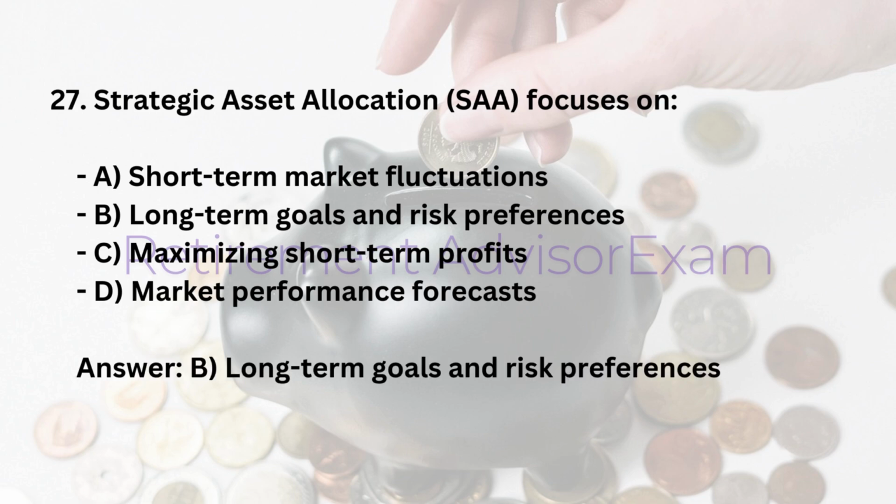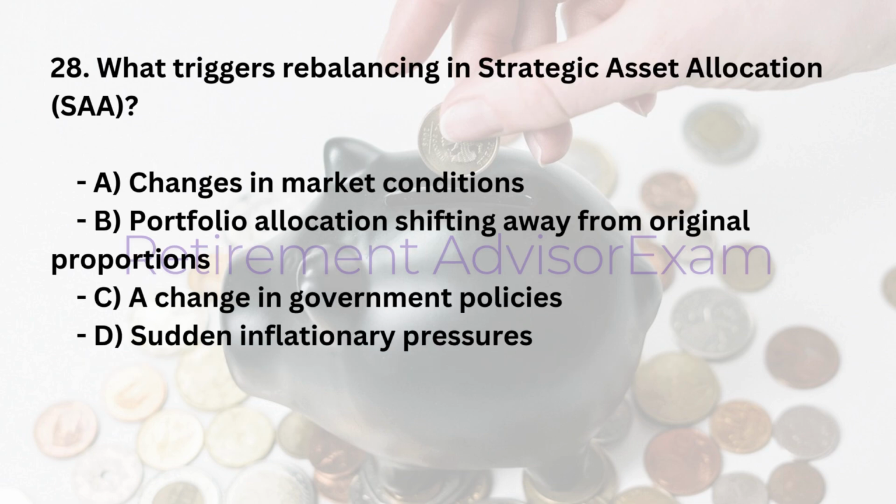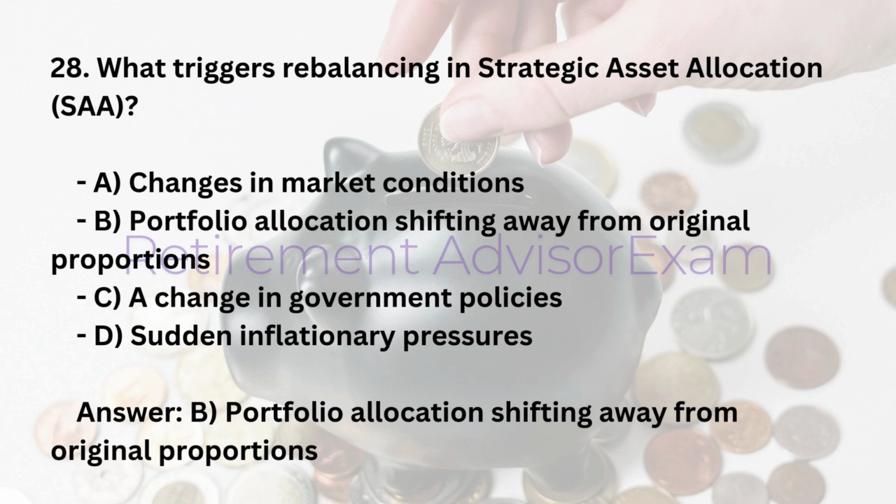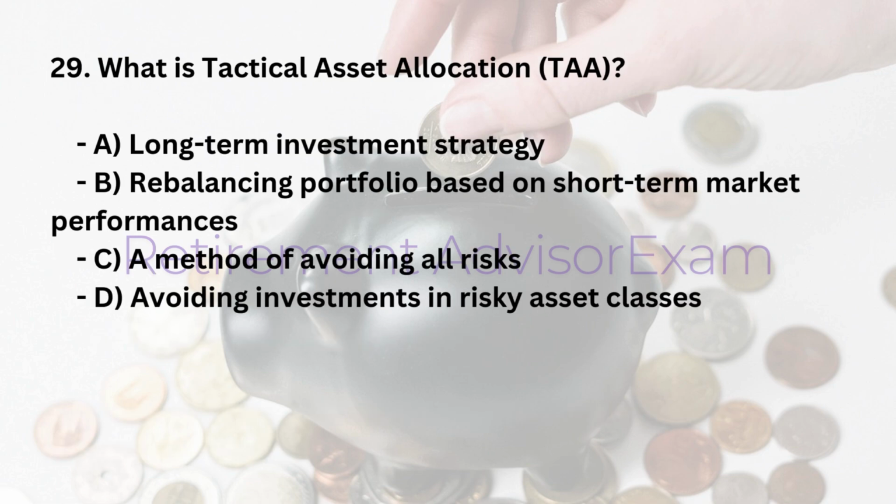Answer: B. 28. What triggers rebalancing in SAA? A. Changes in market conditions, B. Portfolio allocation shifting away from original proportions, C. A change in government policies, D. Sudden inflationary pressures. Answer: B.